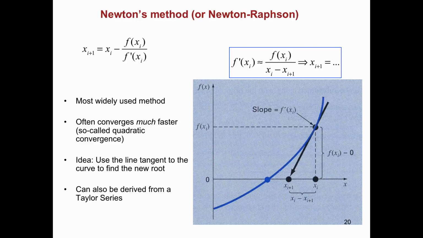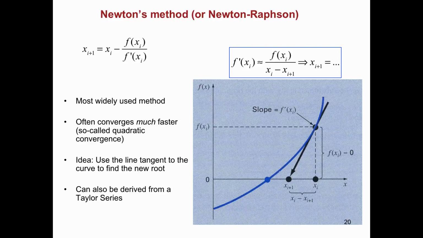And my next iteration will estimate the slope of the function at this point. That's f prime of xi. And it will simply see where that slope intersects my 0 value here. And that's my xi plus 1.